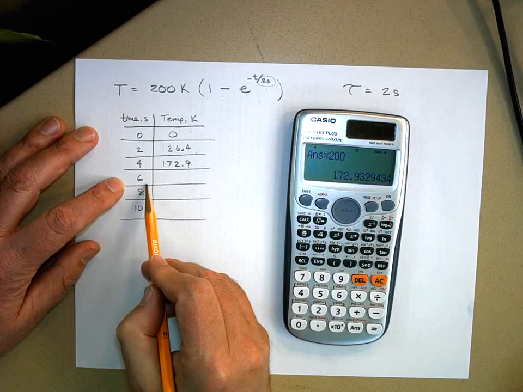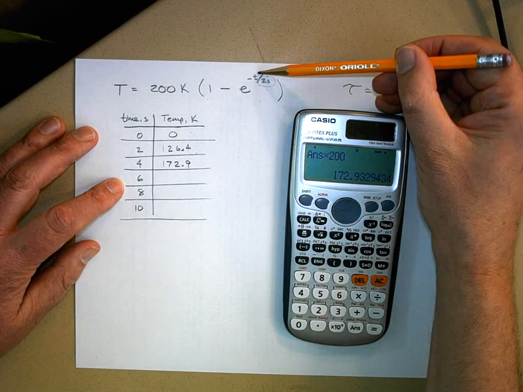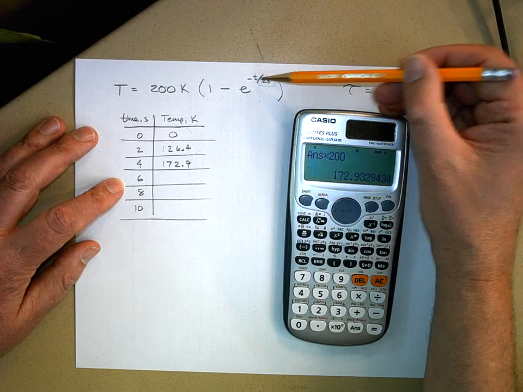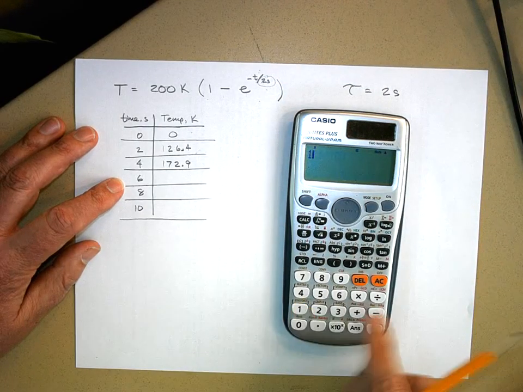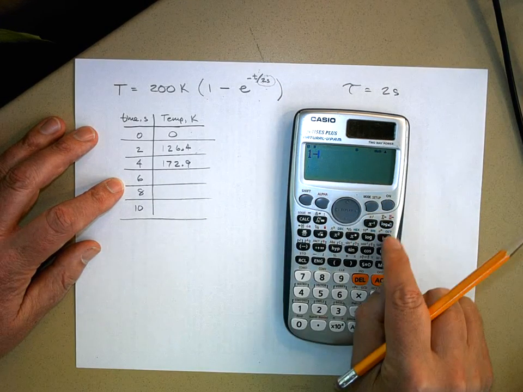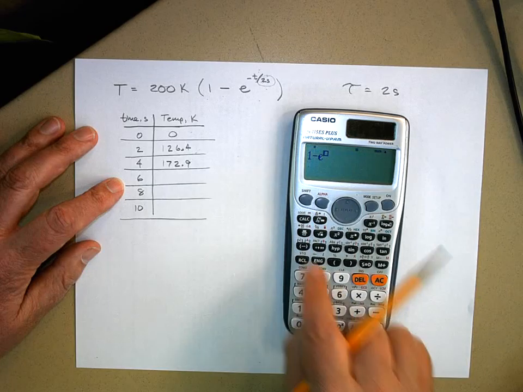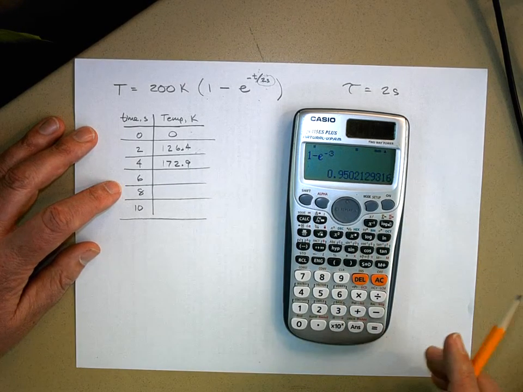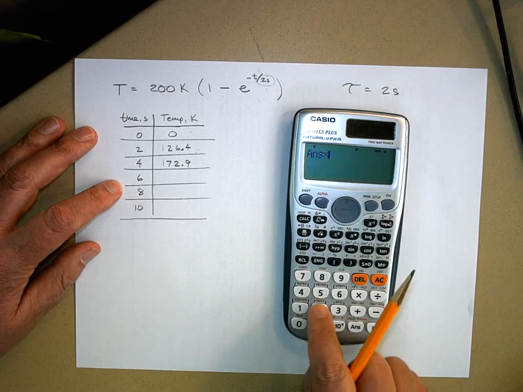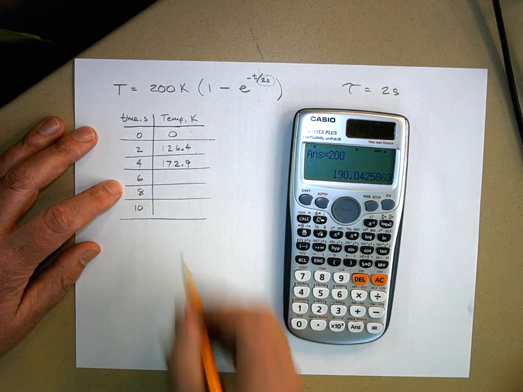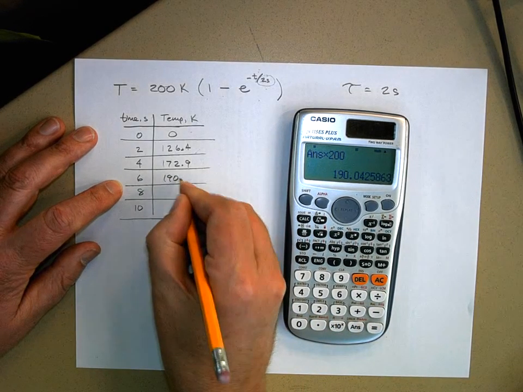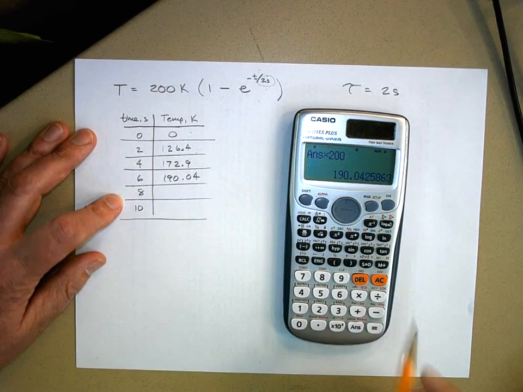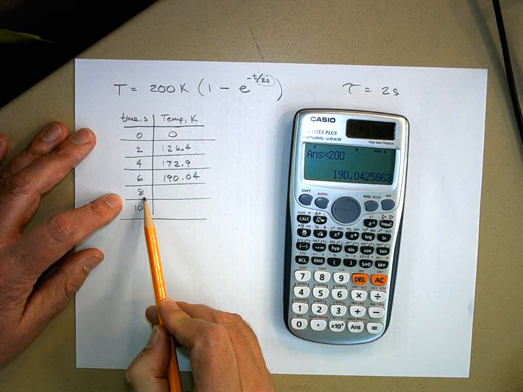Let's do 6. Plug in 6. 6 seconds divided by 2 seconds is 3. So this is negative 3. So 1 minus e to the negative 3 equals 0.95 times 200, 190. What are we getting closer and closer to? To 200.